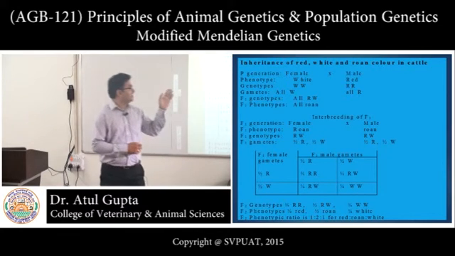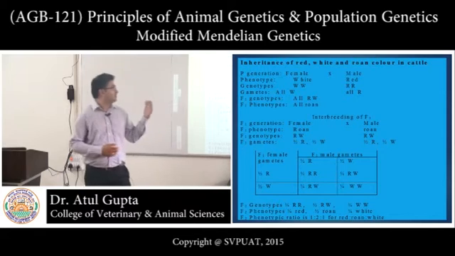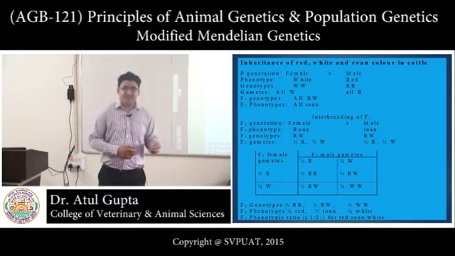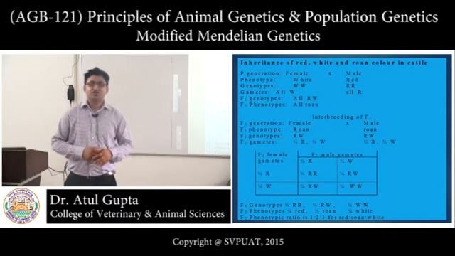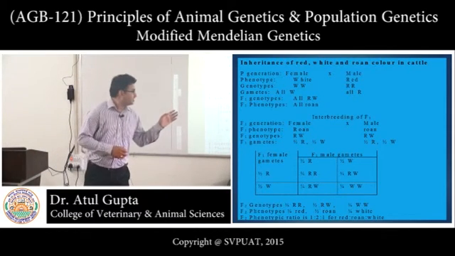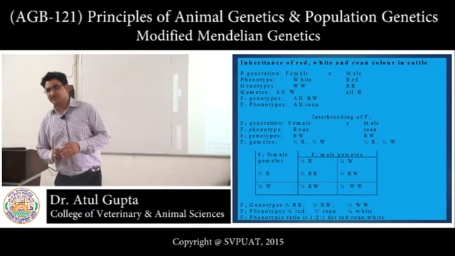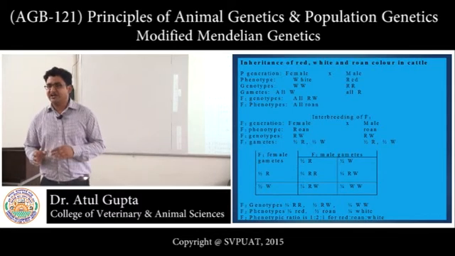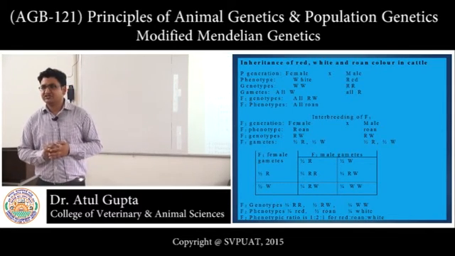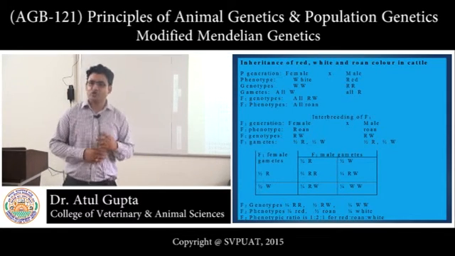When a female with white hair and a male with red hair are crossed, then in the F1 generation we will have all roan. So instead of getting red or white hair, we are having both red and white in the same individual. That will give an expression of roan.